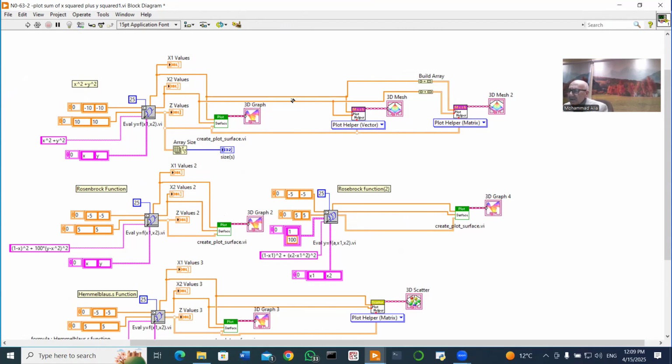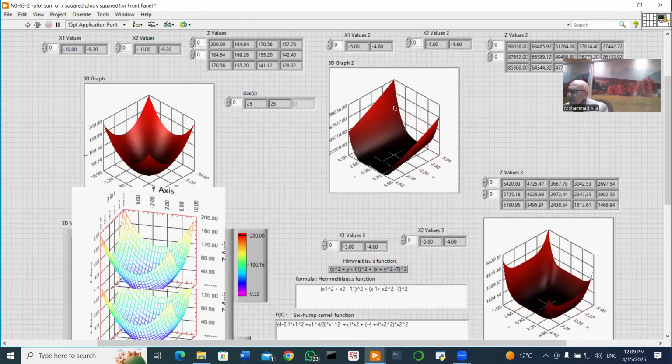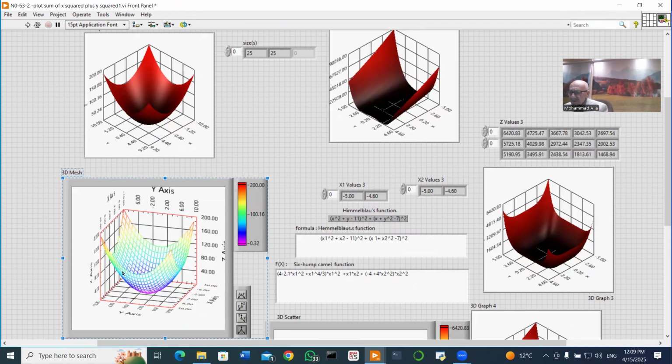I have taken the two arrays representing the upper and lower values of x and y, and I have taken the same two-dimensional matrix which represents the data at the output, and I will get the three-dimensional mesh plot. Here it is. This is the mesh plot of the function x squared plus y squared.